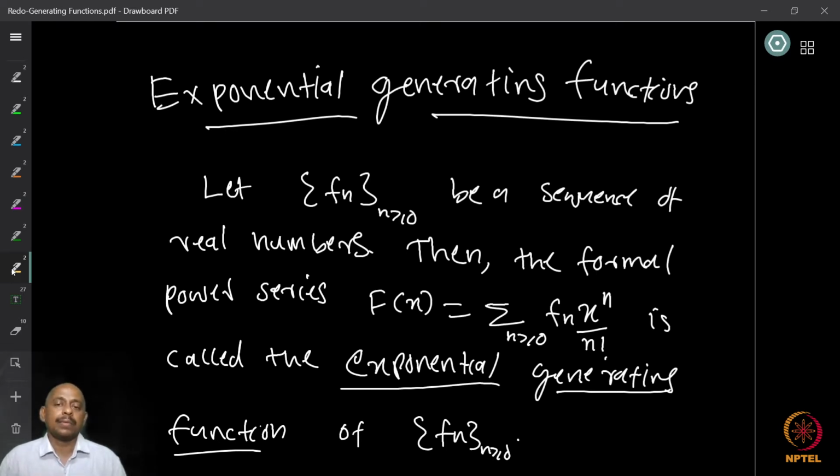What we have done here is this: we know that f_n is growing fast, and I want to make the series convergent. To do that, what I can do is divide throughout by n factorial to make the coefficient of x^n small. If the coefficient of x^n is small, then one can hope to make it convergent.